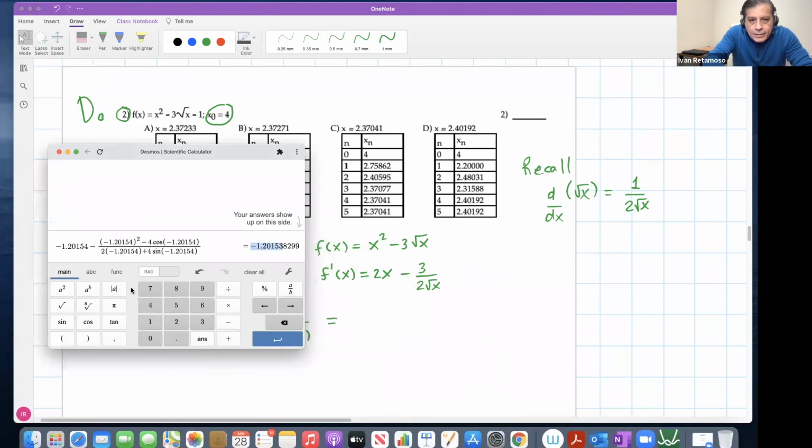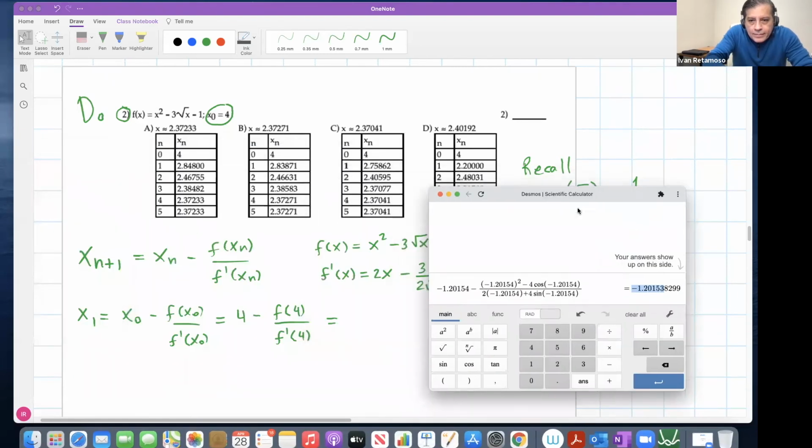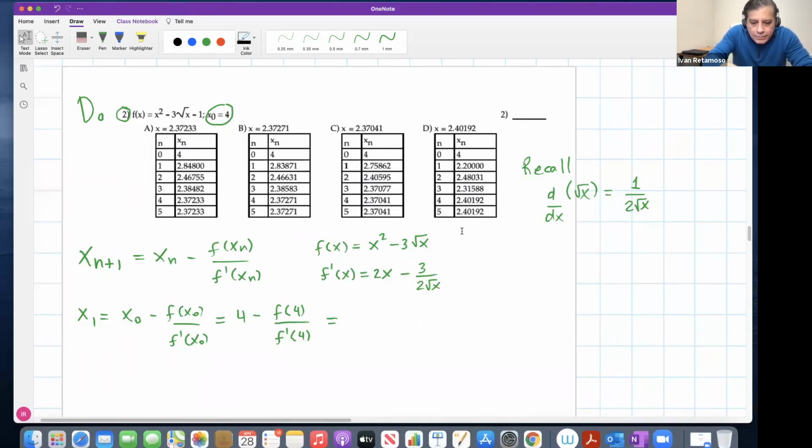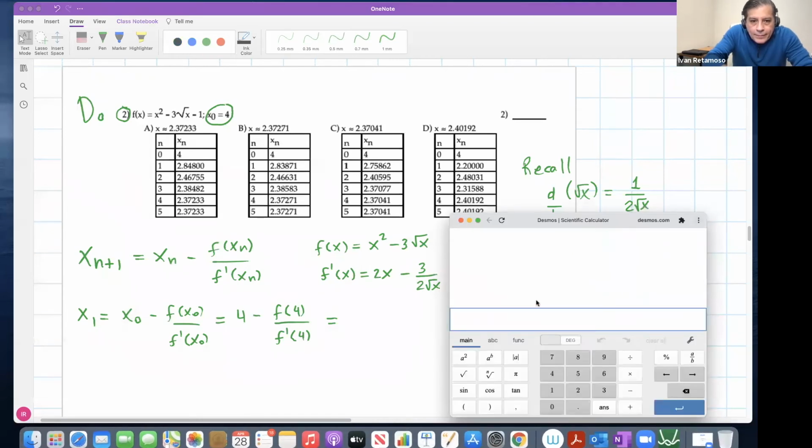Well, let's bring out the calculator, right? So I don't need this anymore, so let's open a new one. Okay, so I need first to do 4 minus what? Fraction here, so pick this for fraction form, and I need to do the evaluation first at this function.